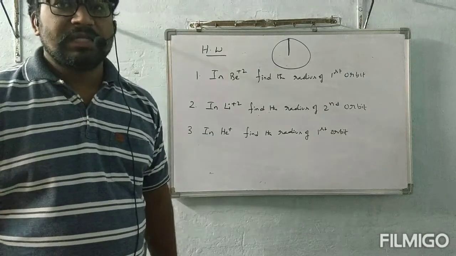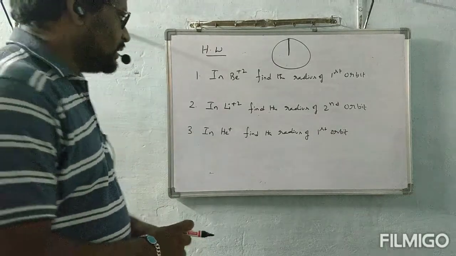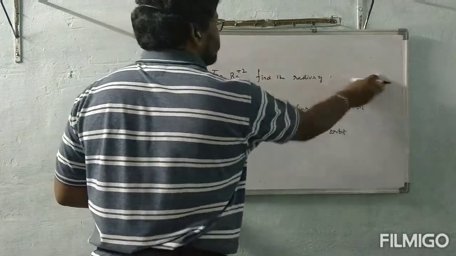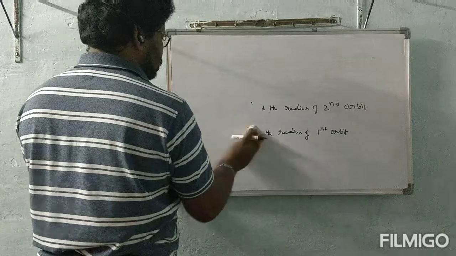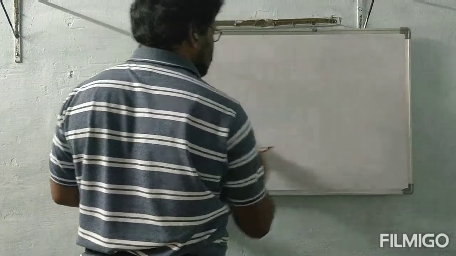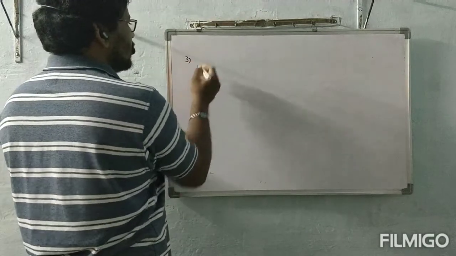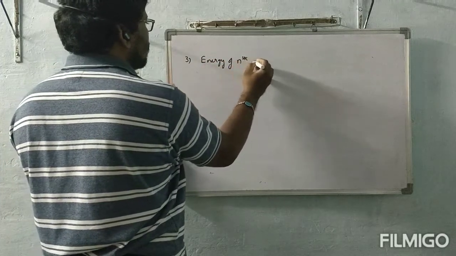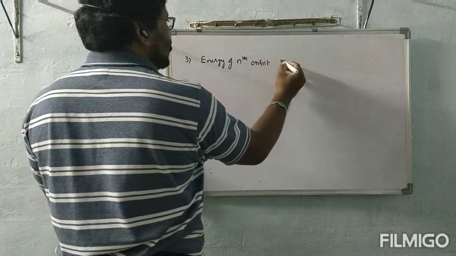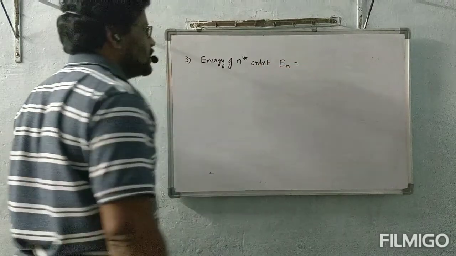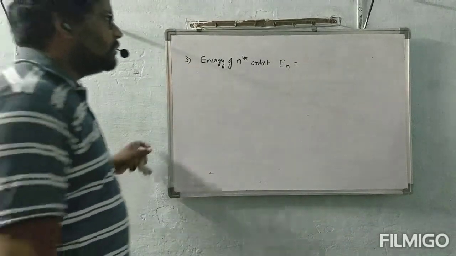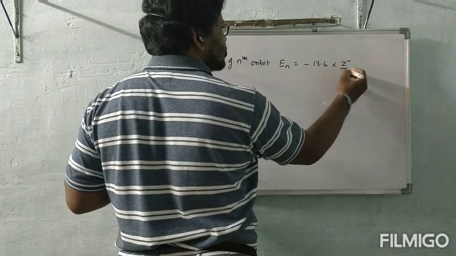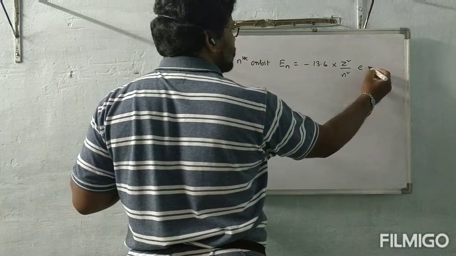Next, let us see energy. Third one: energy of nth orbit, En. Energy of nth orbit En is equal to minus 13.6 into Z square by n square electron volt.